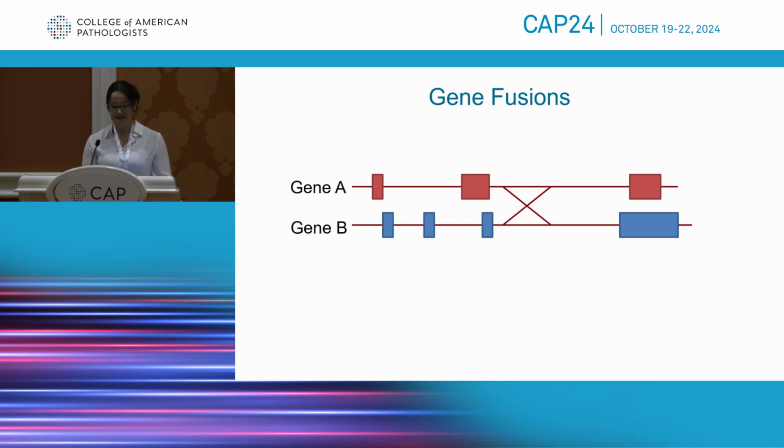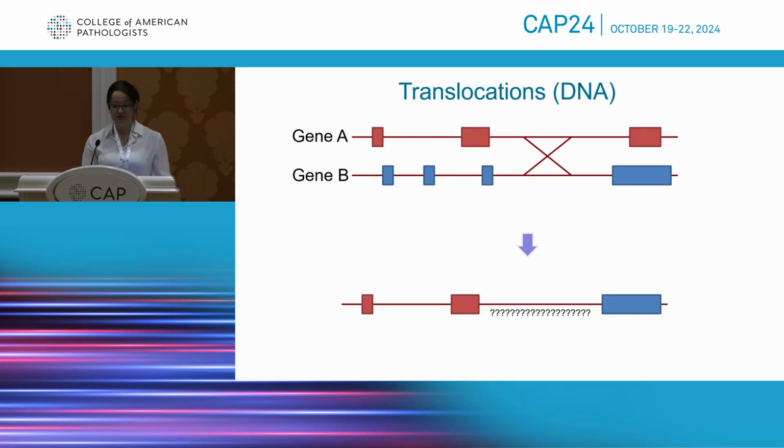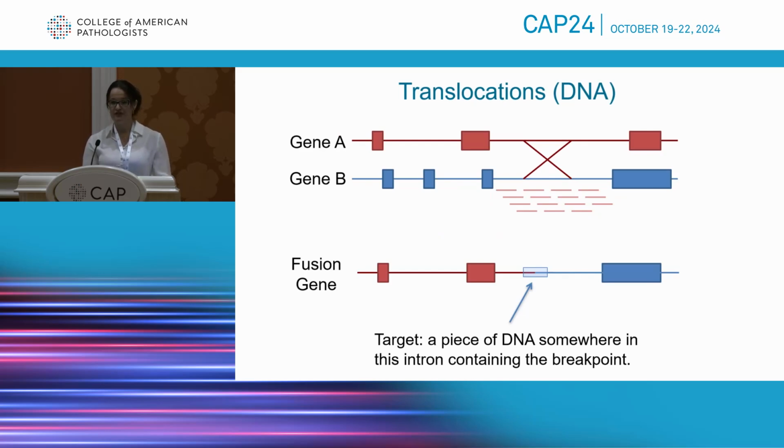RNA-based tests tend to be a better strategy than DNA-based methods for fusion testing because most of the fusion breakpoints occur within the introns of each partner gene, and they can occur pretty much anywhere in the introns. So in order to detect gene fusion using a DNA-based assay, it's necessary to include many probes tiling intronic sequences where the potential breakpoints can occur, and to sequence these regions at a considerably high depth to achieve sufficient coverage and analytic sensitivity for the reliable call of the gene fusion breakpoint, which can get quite expensive.